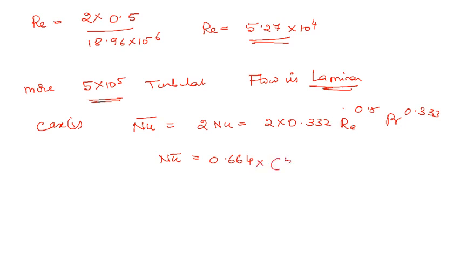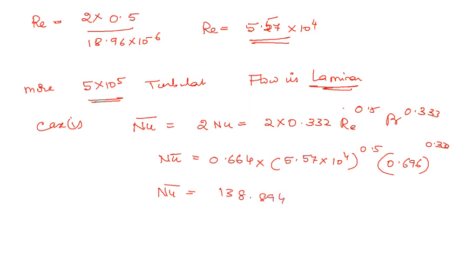I think it should be 5.57 into 10 to the power 4, to the power 0.5, and Prandtl number 0.696, which I got from the data handbook, to the power 0.33. If I work that out, the Nusselt number obtained will be 138.894. These are dimensionless numbers, so there is no unit here.